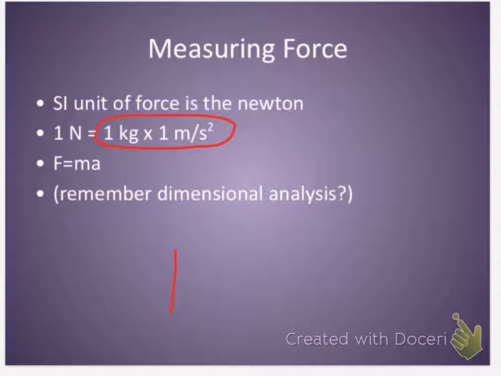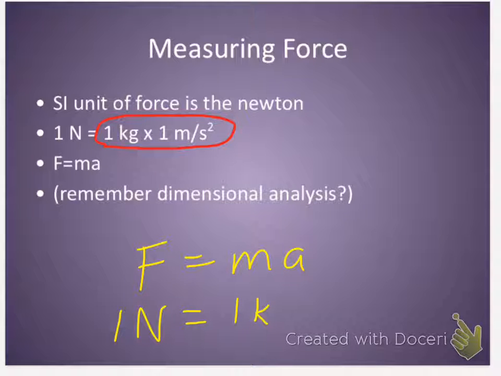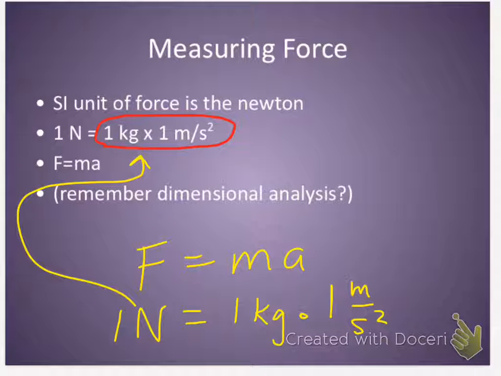But if we take F equals ma, and we do the dimensional analysis on it, we're saying that 1 newton equals 1 kilogram times 1 meter per second squared. And we just said that 1 newton equals 1 kilogram meter per second squared. Hey, that's cool.